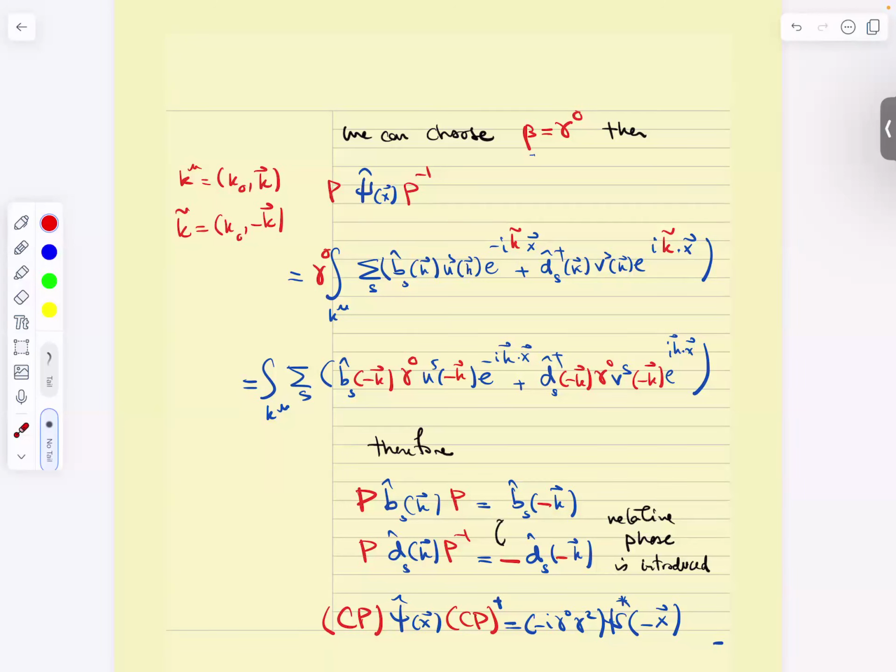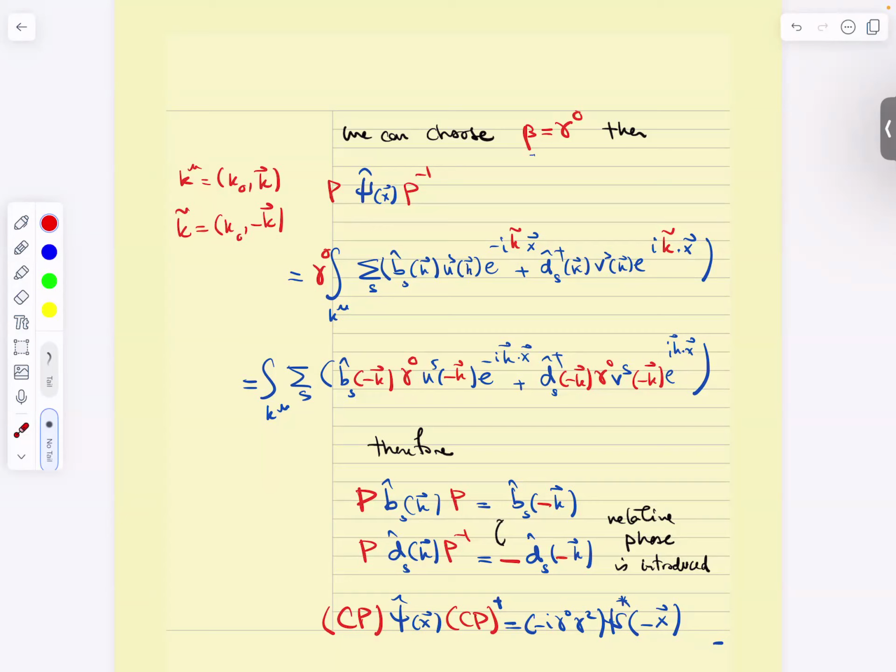But on the antiparticle, it flips the sign of this with an extra minus sign. So it treats the particle and antiparticle differently.